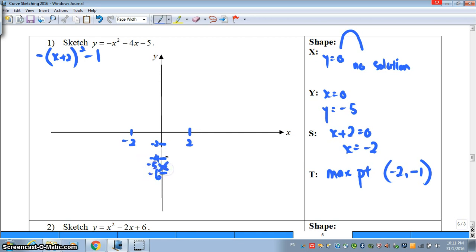So, please put a mark over there. The line of symmetry is negative 2. So please draw your line of symmetry at x is equal to negative 2. And we have our maximum point at negative 2, negative 1.